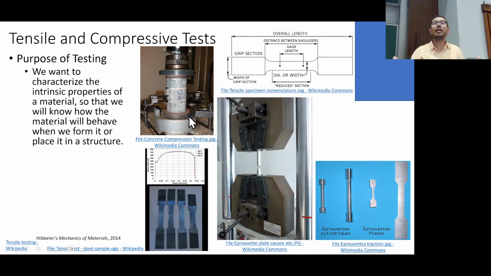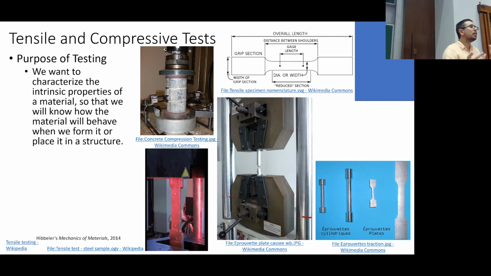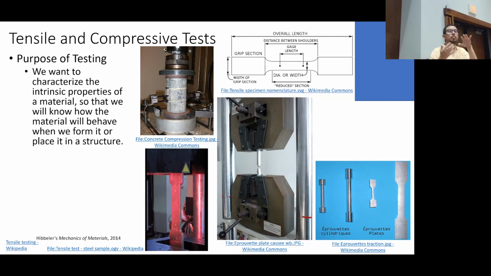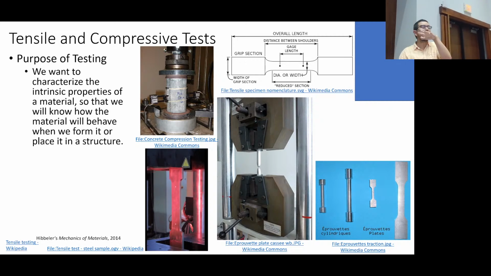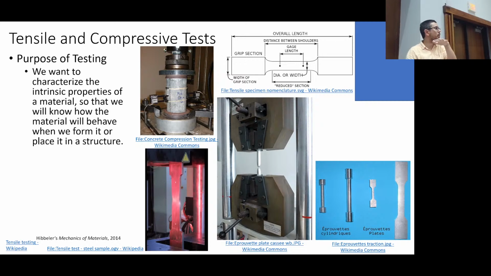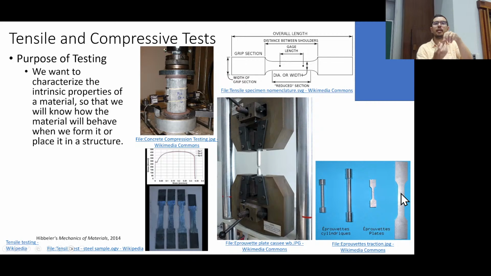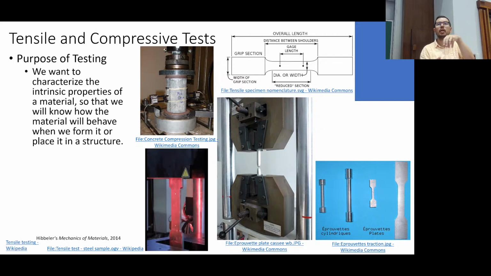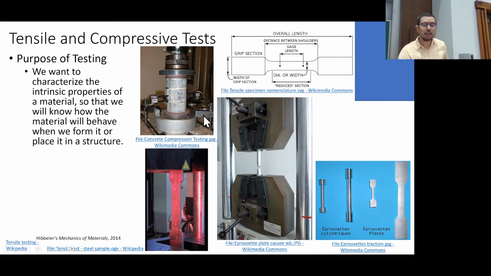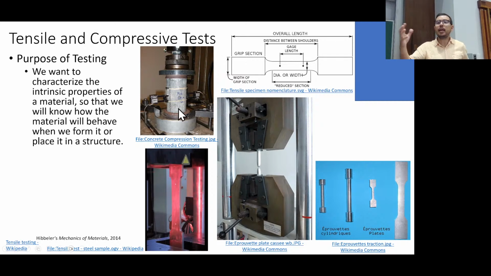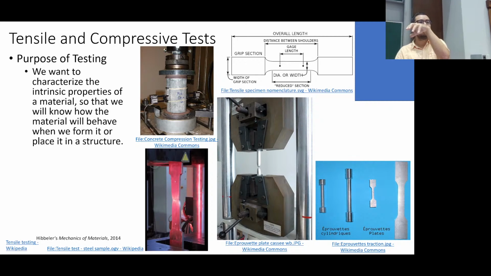Concrete, yeah, okay? So often the ceramics or the brittle materials get tested in compression. Okay? And the ductile materials, they often get tested in tension. Okay? The brittle materials, they often have more strength in compression than they do in tension. Okay?